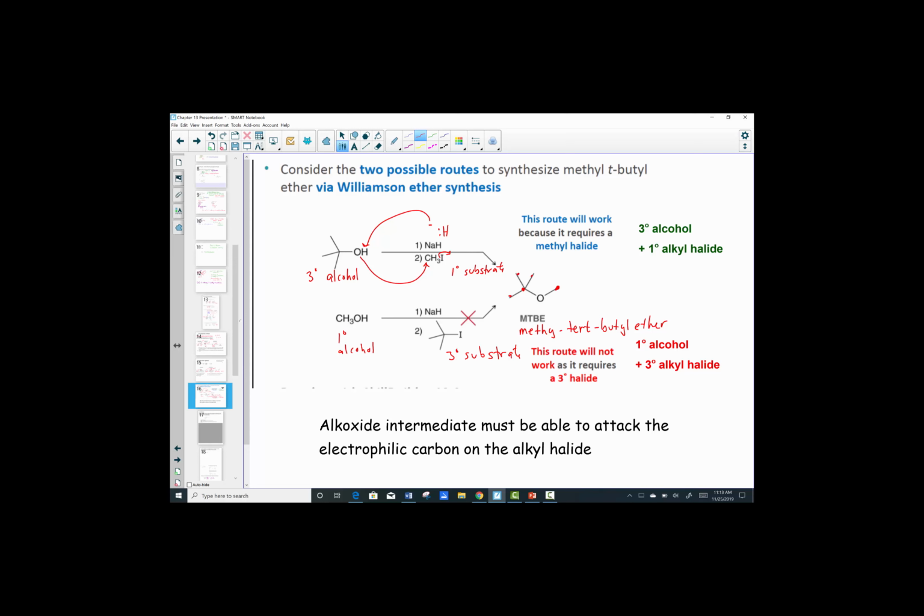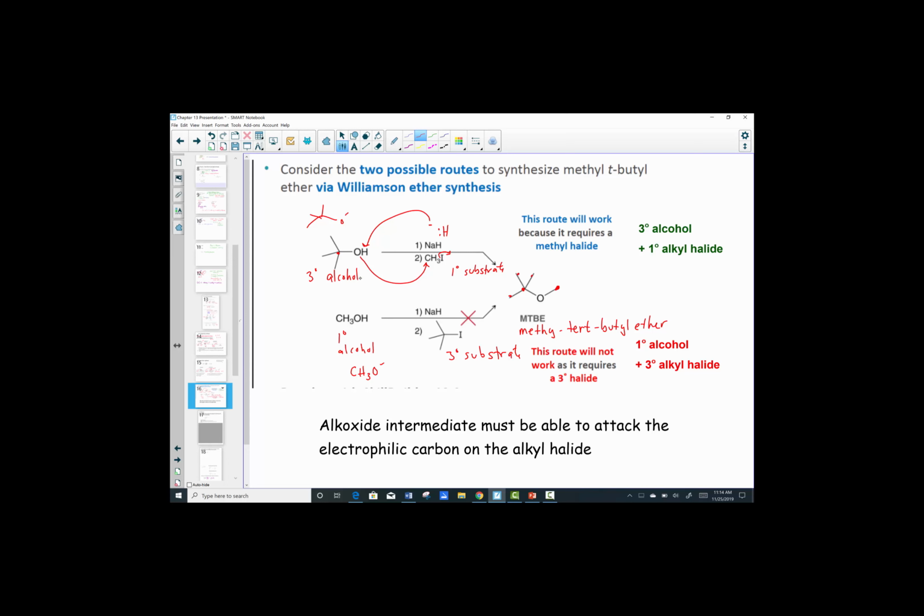Remember, we generate the alkoxide anion. So in the first step, we would form methoxide, or, as we mentioned here, you'd form tert-butyl oxide, the anion from the carbon that's attached to three other carbons.